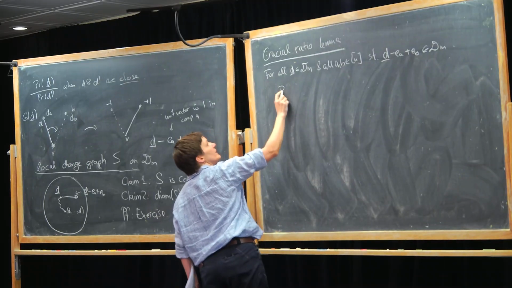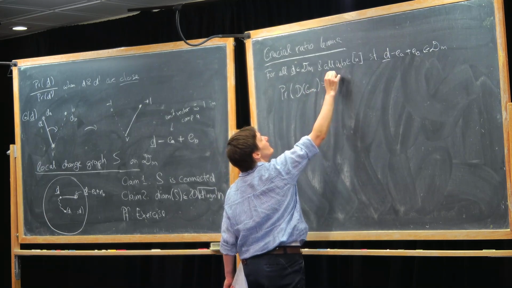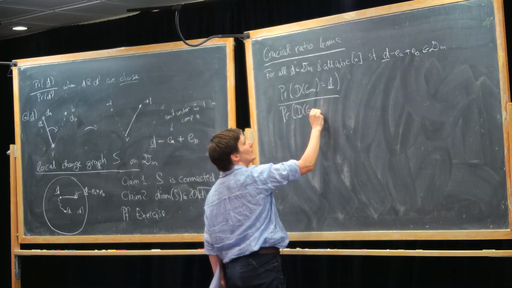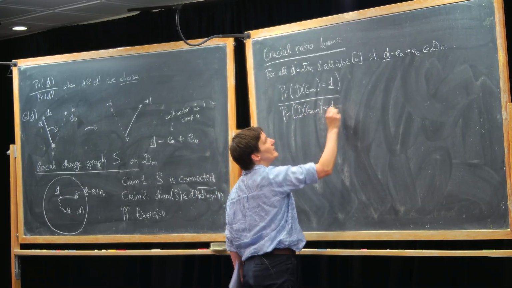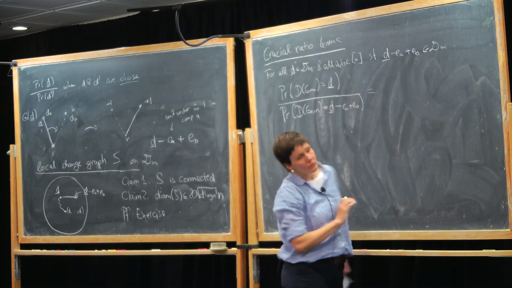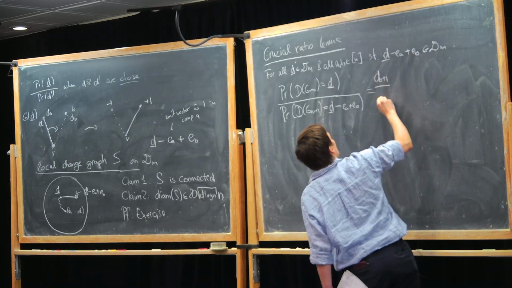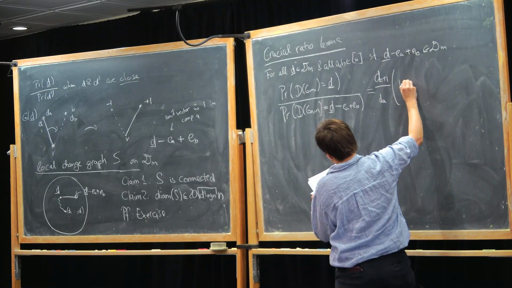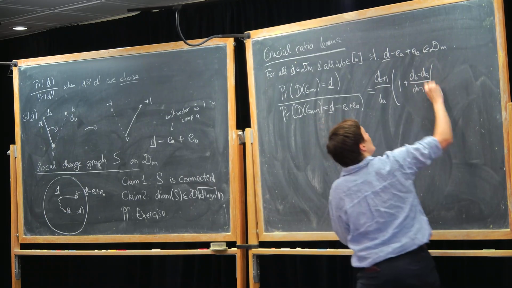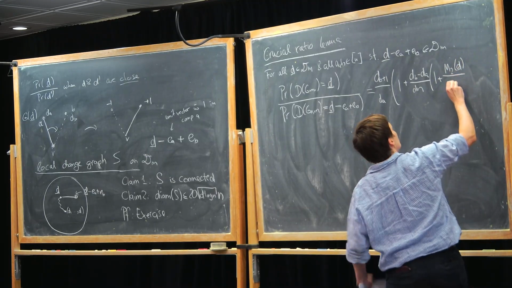The probability that the degree sequence of G(n,m) is equal to D, divided by the probability that the degree sequence of G(n,m) is equal to D minus EA plus EB, is equal to some explicit formula, (dB plus 1) over dA, times (1 plus (dB minus dA) over dN), times (1 plus little o) of D over dN.